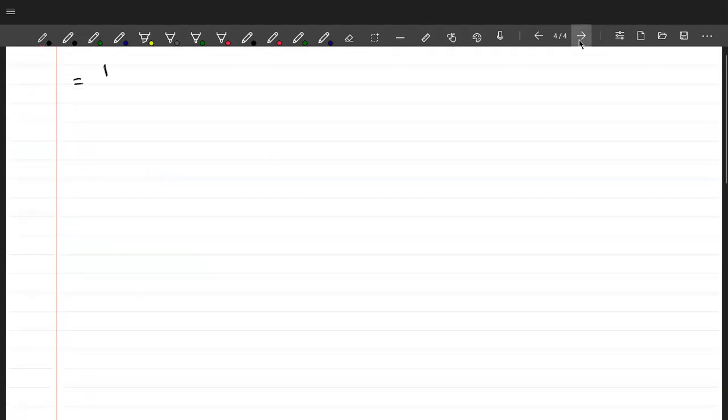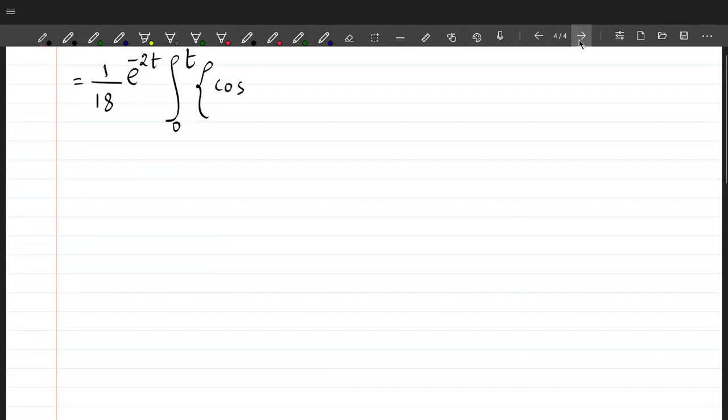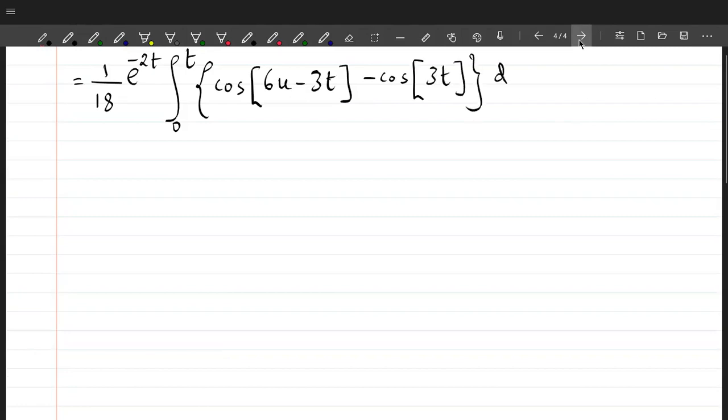So you get 1 by 9 into 2, that is 1 by 18, which is multiplied with e power minus 2t, integration from 0 to t. So after all the simplification is done, you get cosine of 6u minus 3t. This is the first term, minus cosine of, after cancelling the terms of u, you get cosine of 3t, and integrate both these terms with respect to variable u. So let's see what do we get.